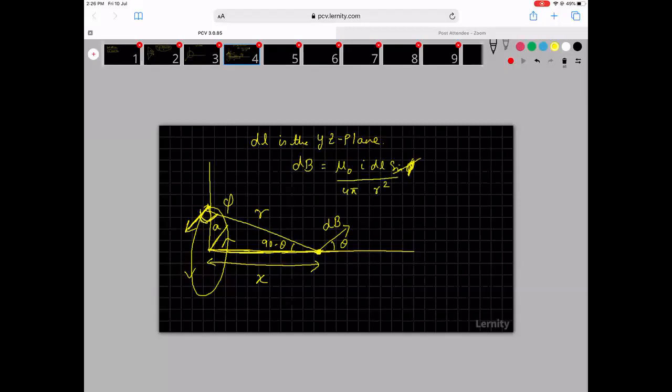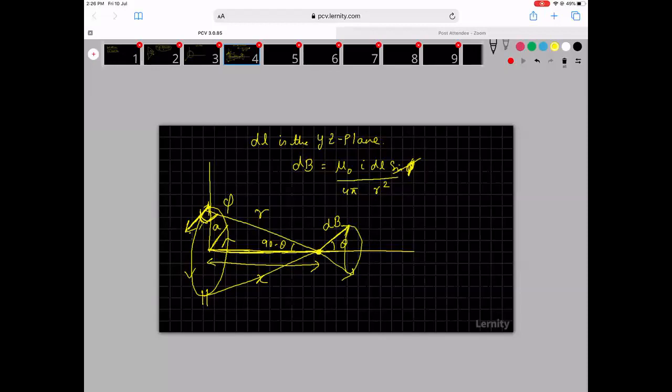So the magnetic field because of this small element is mu naught I dl by 4 pi r square. If I want to find the total magnetic field, it will be the integral of this. But we have to understand that the magnetic field here is in this direction, and when you look at all the elements in this loop, the magnetic field will actually form a cone.